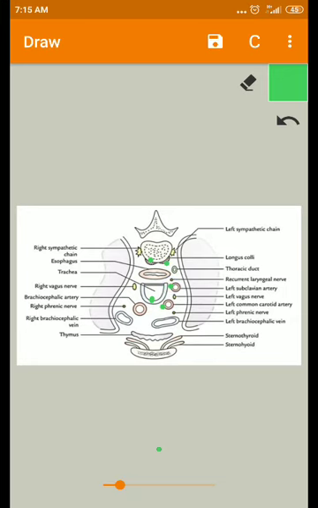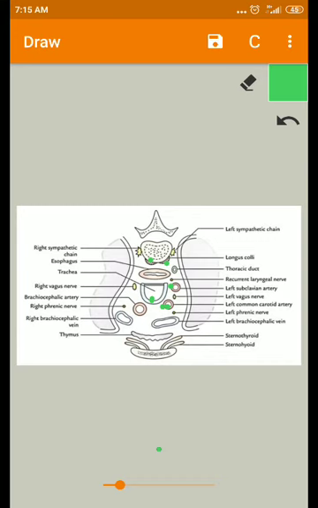Those are the branches, and the left vagus nerve is present in between these two arteries, the left common carotid artery and the left subclavian artery. In between these two arteries you can find the left vagus nerve.